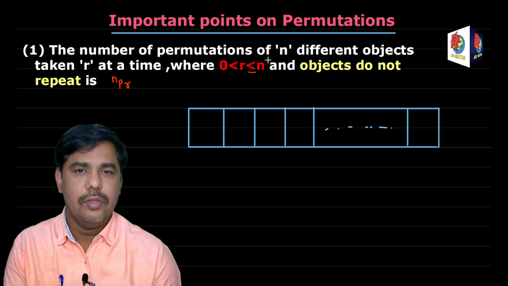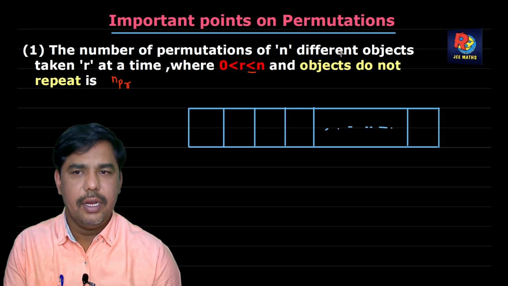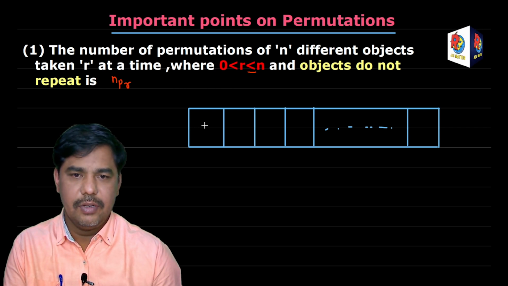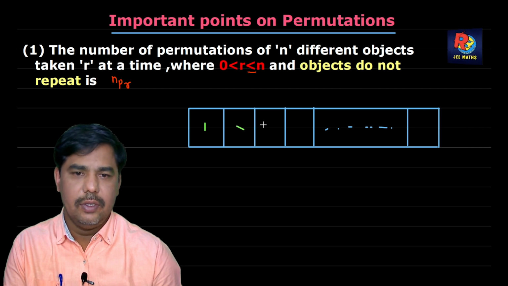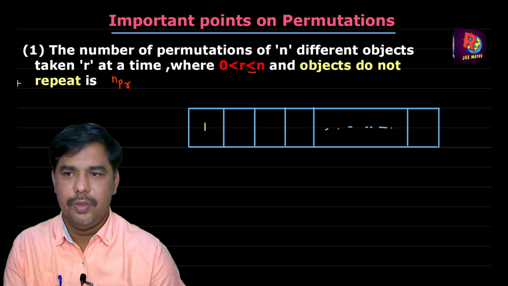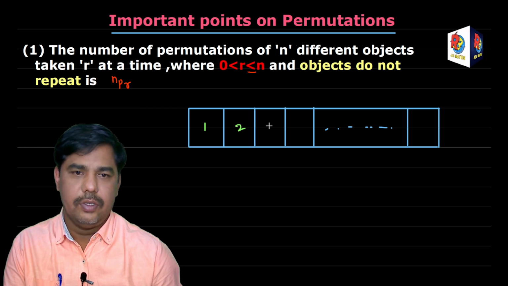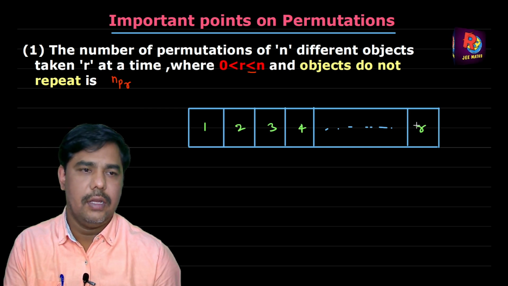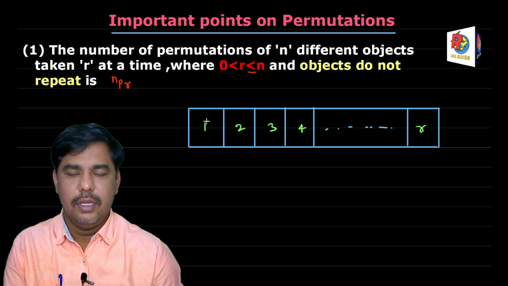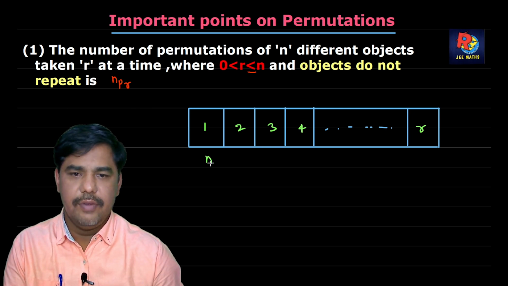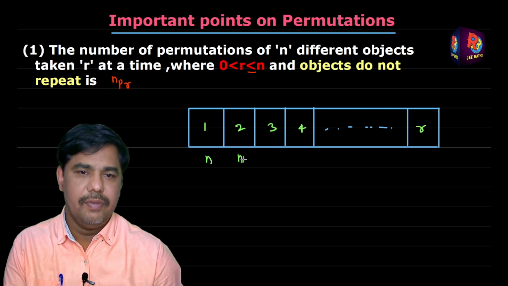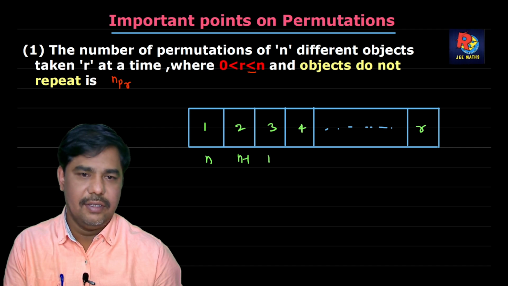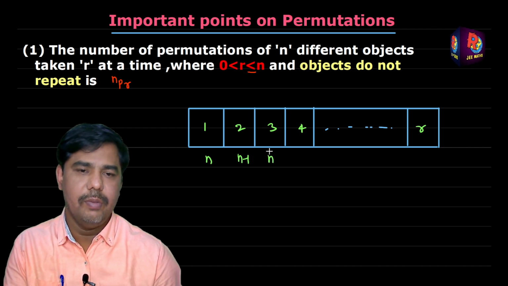Now here you can observe that n different objects can be filled in r places. That means here 1, 2, 3, 4, and so on. Here r places we need to fill up. The first place we need to fill in n ways, and the second place will be filled in n minus 1 ways, without repetition. That's why one value will decrease.